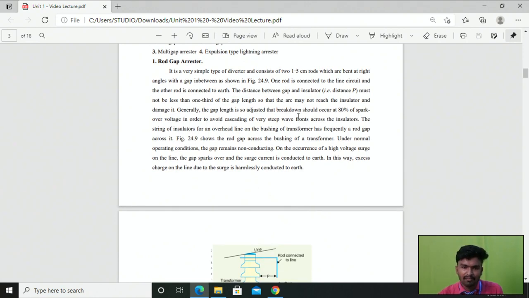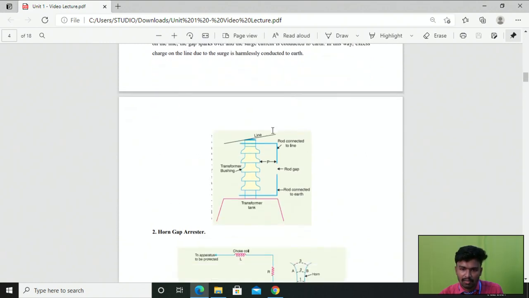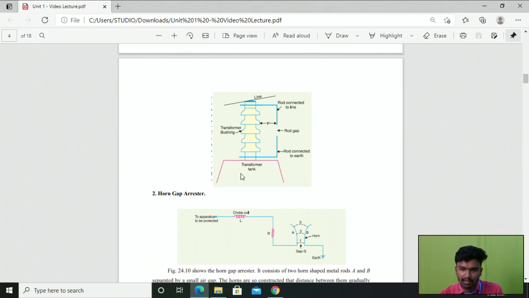Right, so it is a very simple type of diverter, which consists of two 1.5 centimeter rods, which are bent at right angles with the gap in between, as shown in the diagram. Here you can see the transformer tank and the transmission line. In between we are using the transformer bushing.